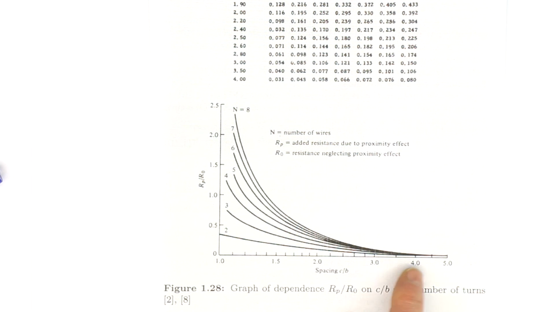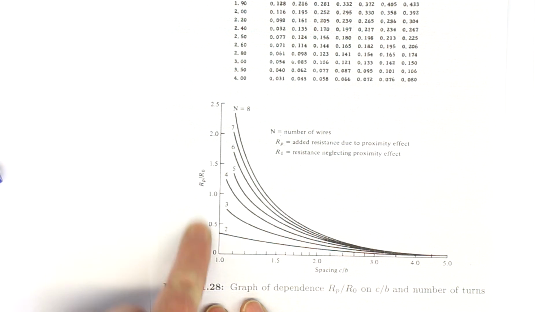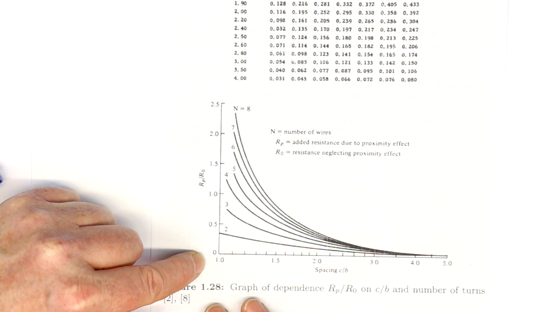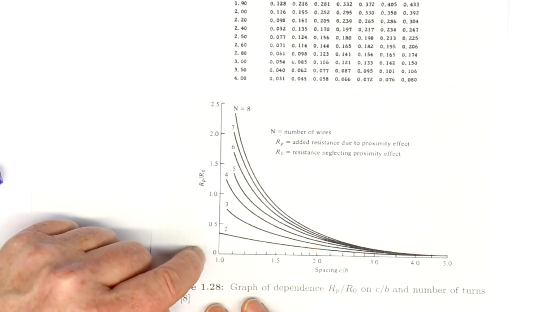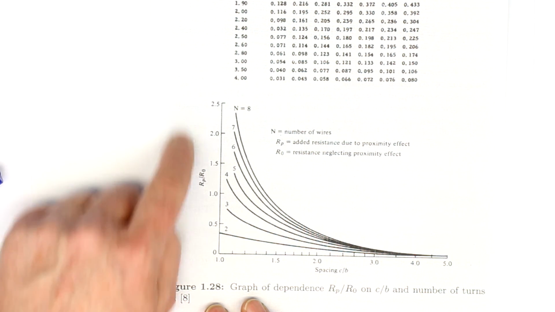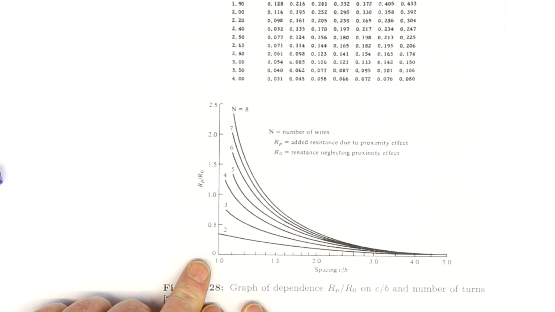However many turns we have, if we get to at least 4 or 5, or to be 100% sure 6 times the diameter, then the effect of raising, this is here on the y-axis, is the additional factor that comes in addition to the skin effect due to the proximity effect, and should be ideally 0, which would mean proximity effect gives 0 extra resistance.